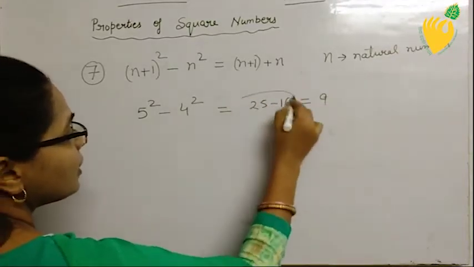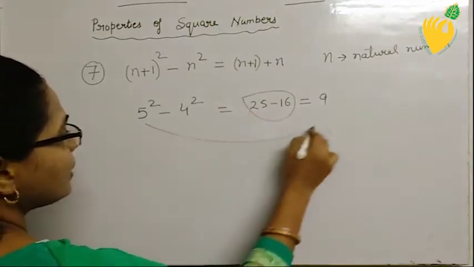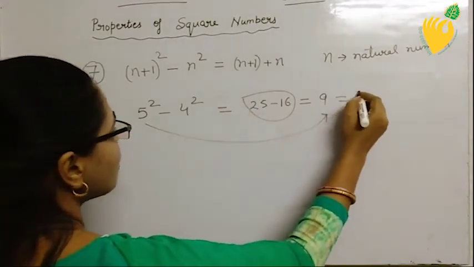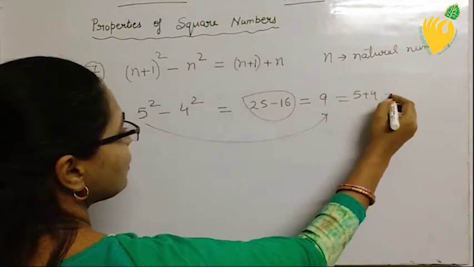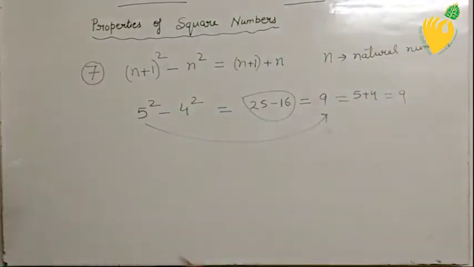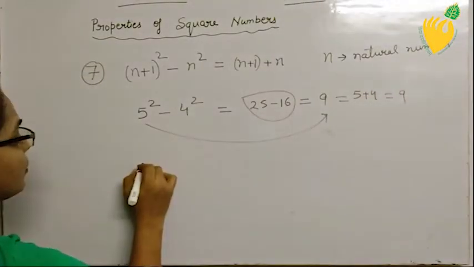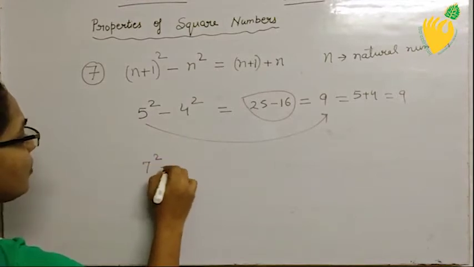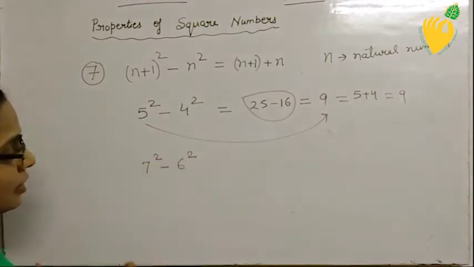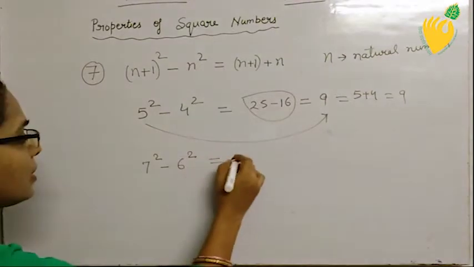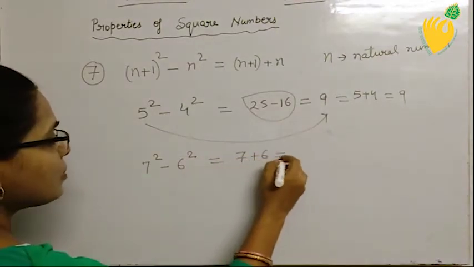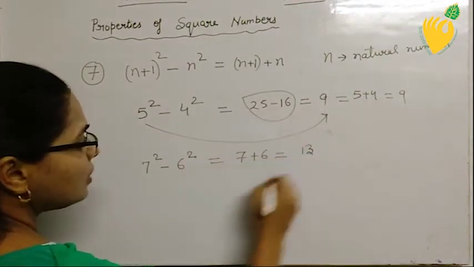You can directly write it as 5 plus 4 is equal to 9. Take another example. Suppose 7 square minus 6 square. You can directly write it as 7 plus 6 is equal to 13.